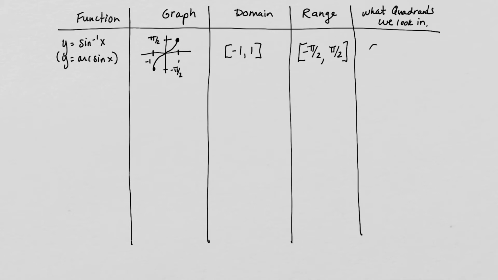And we said that's quadrant 1 and 4. I like to put a little asterisk next to my quadrant 4 to remind myself that when I find those values, I have to make them negative. So when I'm in quadrant 4, that's when I have to do that negative part. I always put a little asterisk next to quadrant 4 just to remind myself of that.